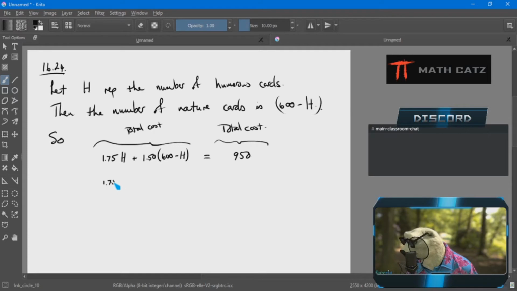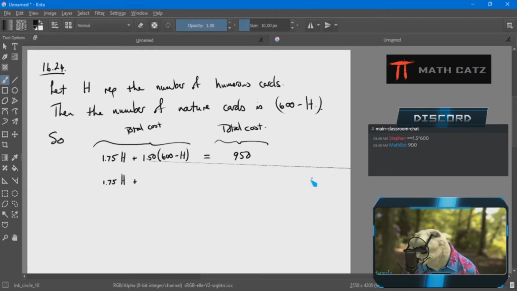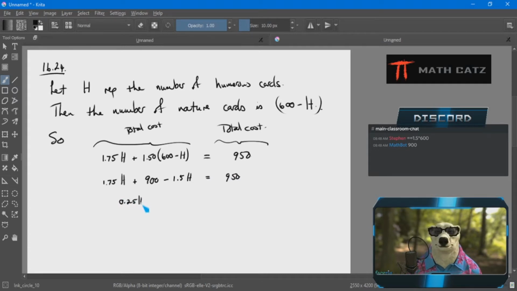So 1.75h plus 1.50 times (600 minus h). Just in case people need it, I will put it in the chat box. 900 minus 1.5h equals 950. Now I can put the h terms together to get 0.25h.